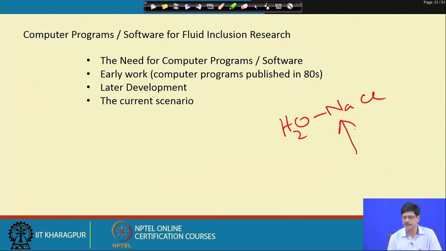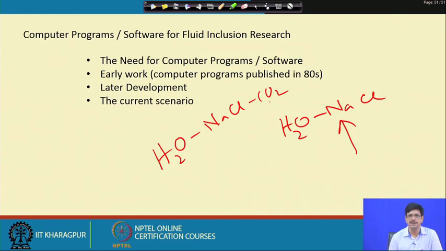Even till today this system is being revisited, and also systems like H2O, NaCl, CO2 are still among the most widely studied systems, but a completely formulated model accurately applicable to all pressure temperature conditions pertaining to many types of diverse rock processes is yet to emerge for this system, because it has been a difficult system and experimental data for it has not been much.